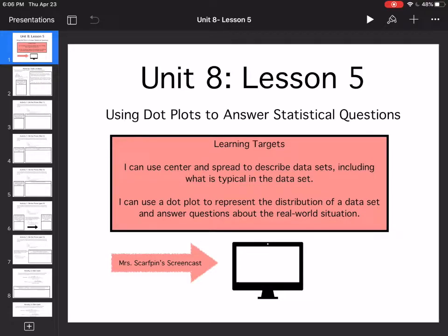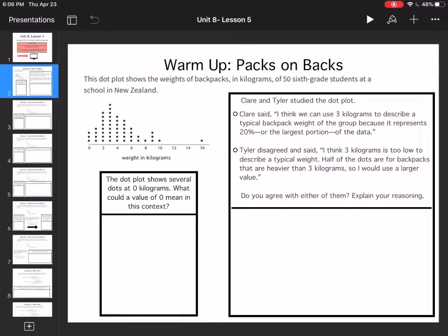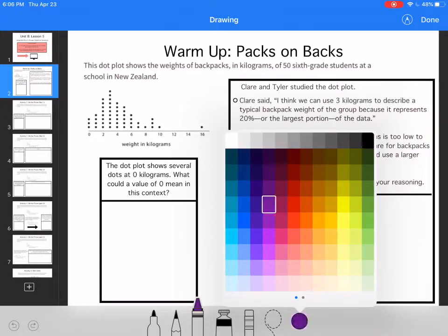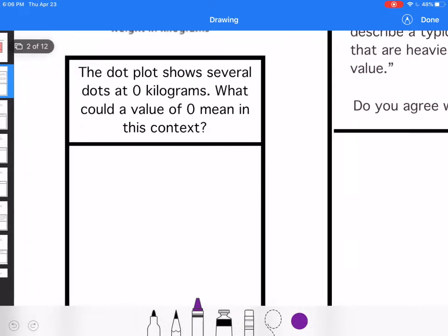real-world situations. So our warm-up today, we're looking at the weights of backpacks in kilograms of 50 students at a school in New Zealand. The dot plot shows several dots at 0 kilograms. What could the value of 0 mean? It could mean a couple of things, but what I automatically think of when your backpack weighs 0 is you don't have a backpack.